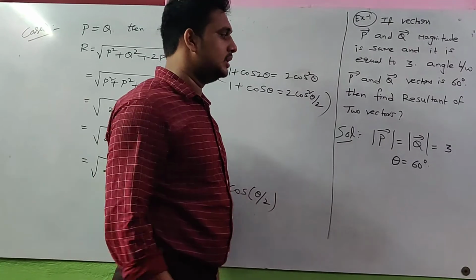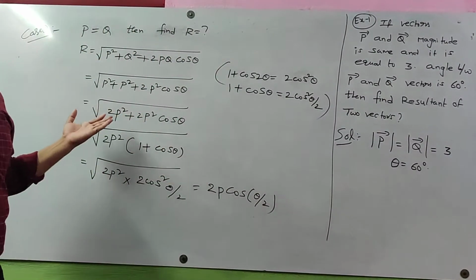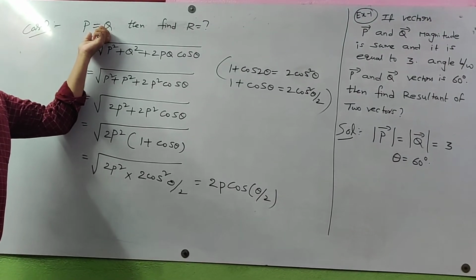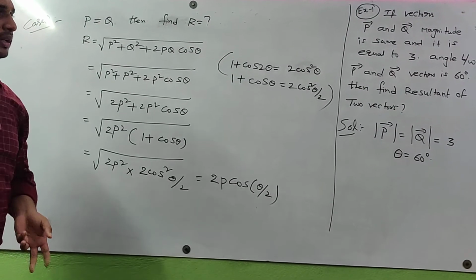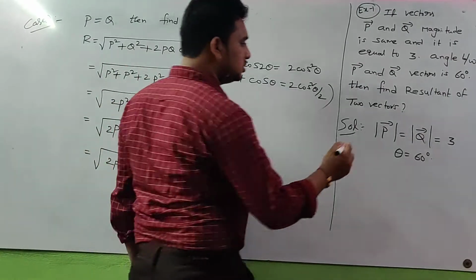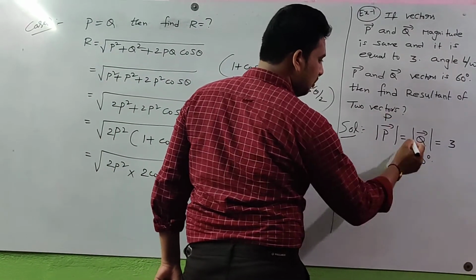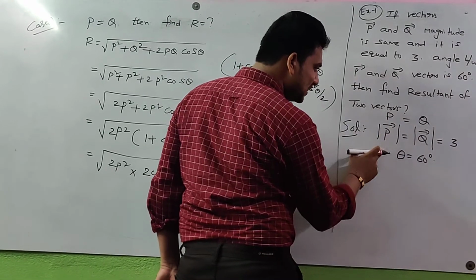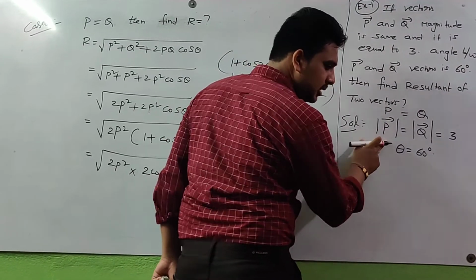Then for the resultant, observe carefully. Whenever P is equal to Q, the two vectors' magnitudes are the same. So modulus of P is also written as P, and modulus of Q is also written as Q. Here we write only P to represent the magnitude of P bar.